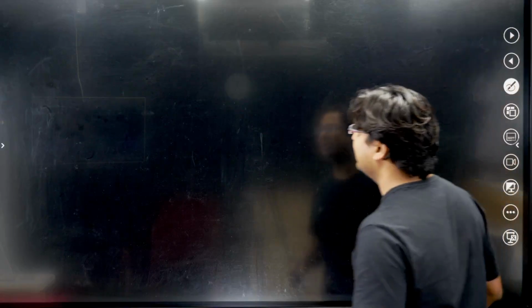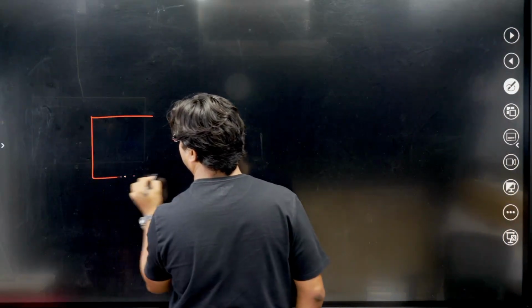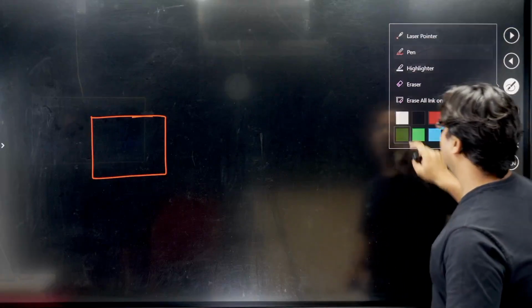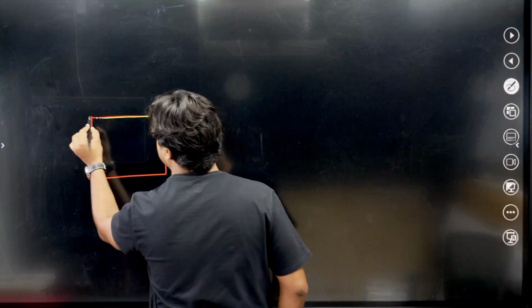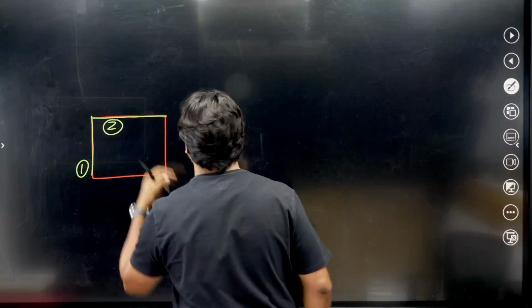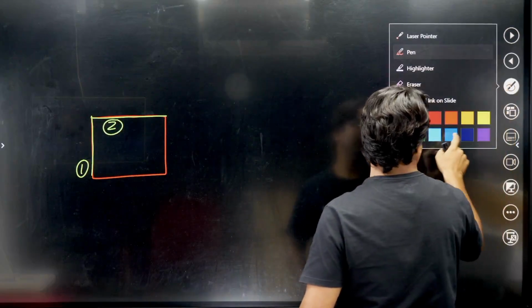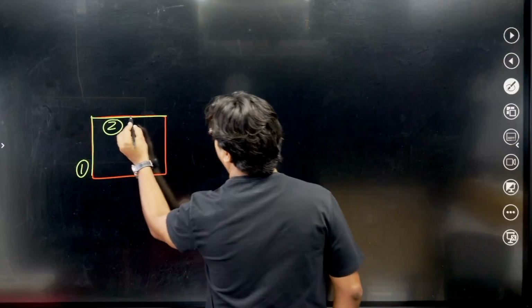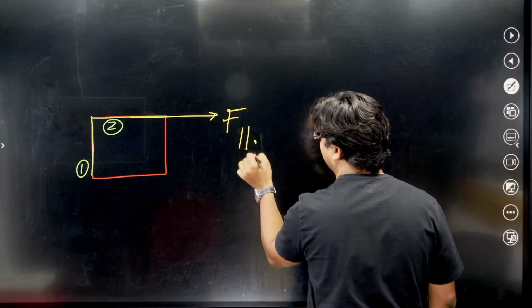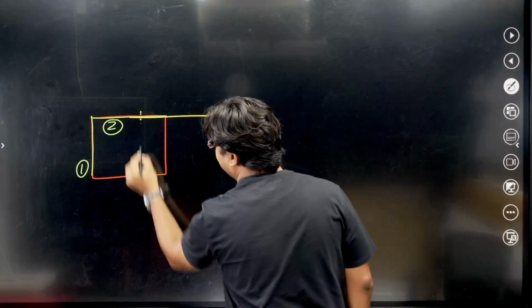So if I draw the FBD, let me first draw the radiation forces. These are the two surfaces that will receive the radiation. Let me call this as 1. Let me call this as 2. So on this surface, there would be a parallel component. Let me write it as F parallel 2. There would be a perpendicular component.